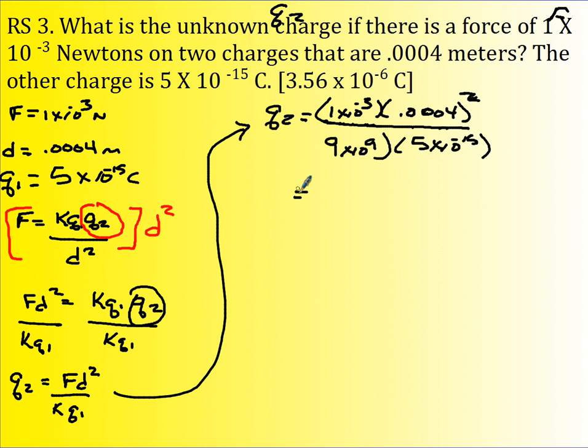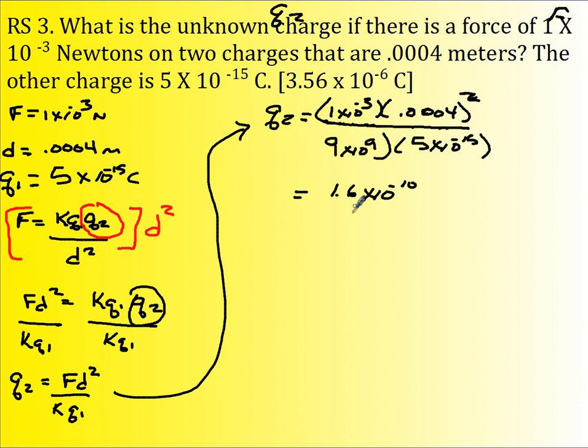Now this is important. Go ahead and do these calculations separately. 1 times 10 to the negative 3 times 0.0004 squared is 1.6 times 10 to the negative 10.